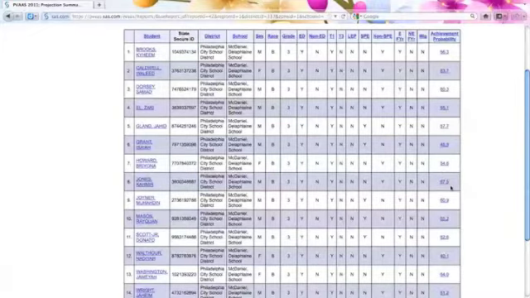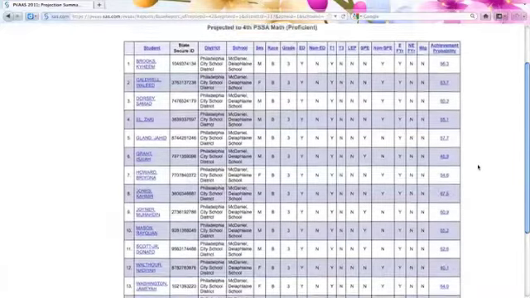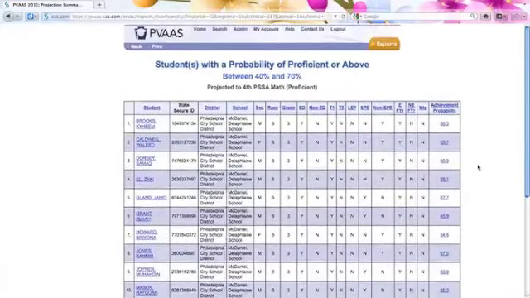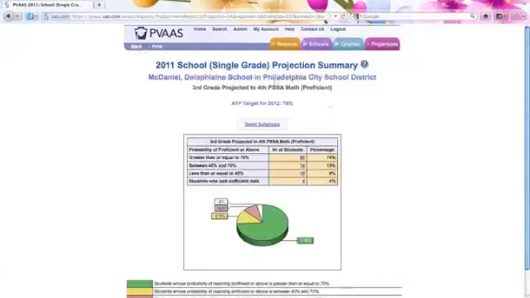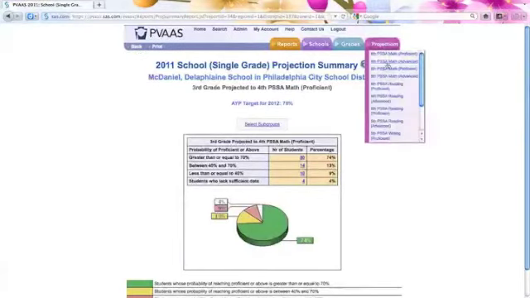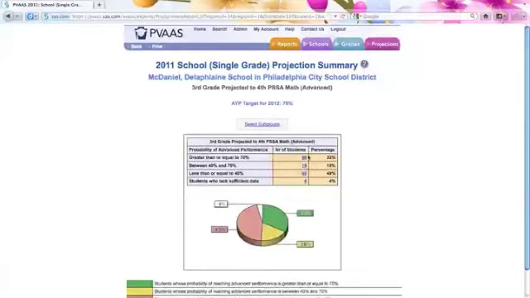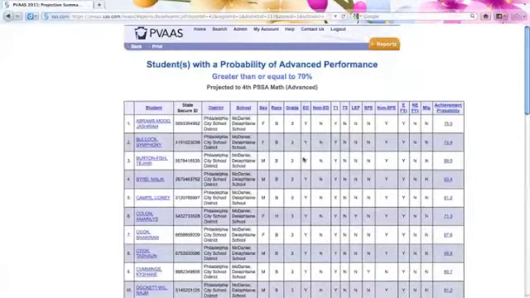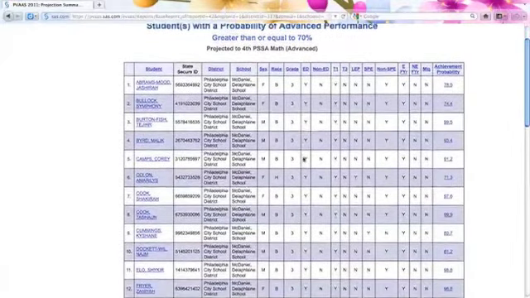So when we're looking for numbers, we're looking at anything under 70 when we're looking at the 70% and higher, and when we're looking at 40 to 70%, anything over 60. Again, the goal is to identify those students that can move. So let's be clear.